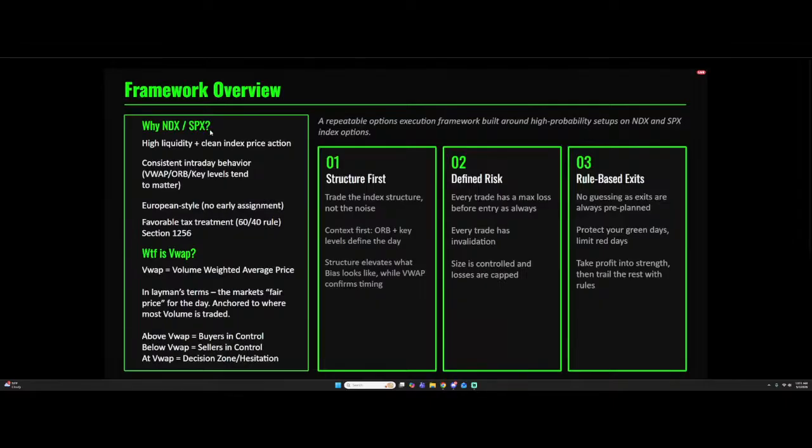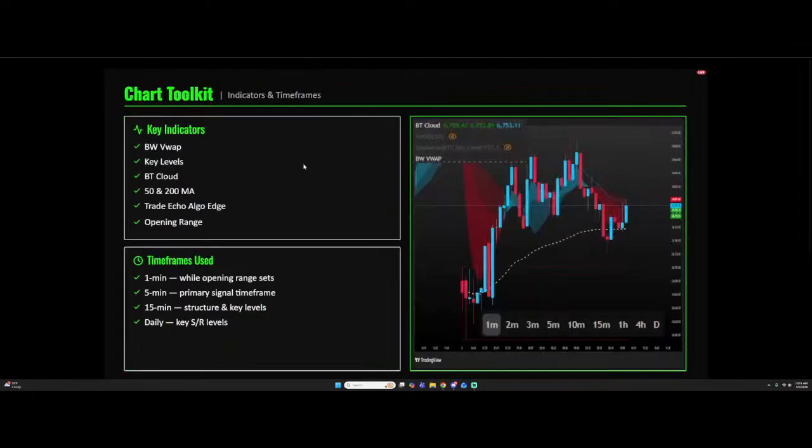So now that we have the framework overview, we're going to go over our chart toolkit. And if you're completely brand new, VWAP is basically the market's fair price for the day, weighted by volume. So if we're above VWAP, buyers are in control. And if we're below VWAP, then sellers are in control.